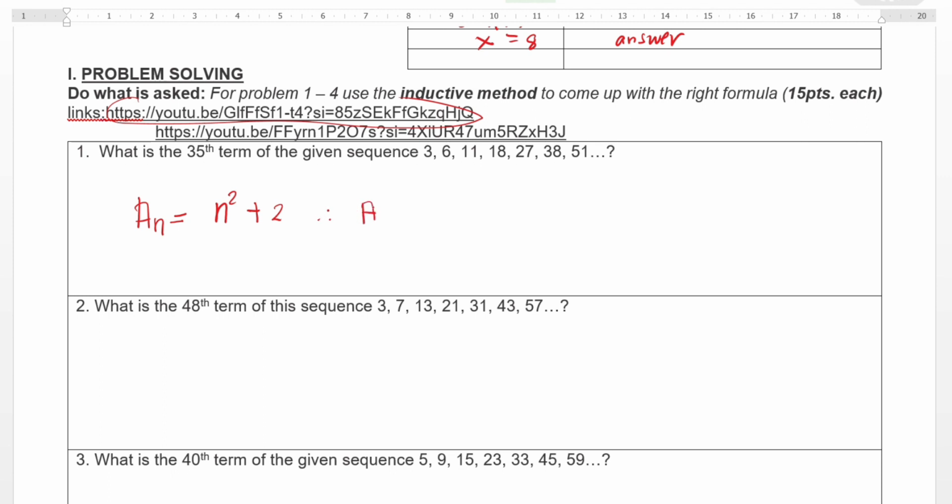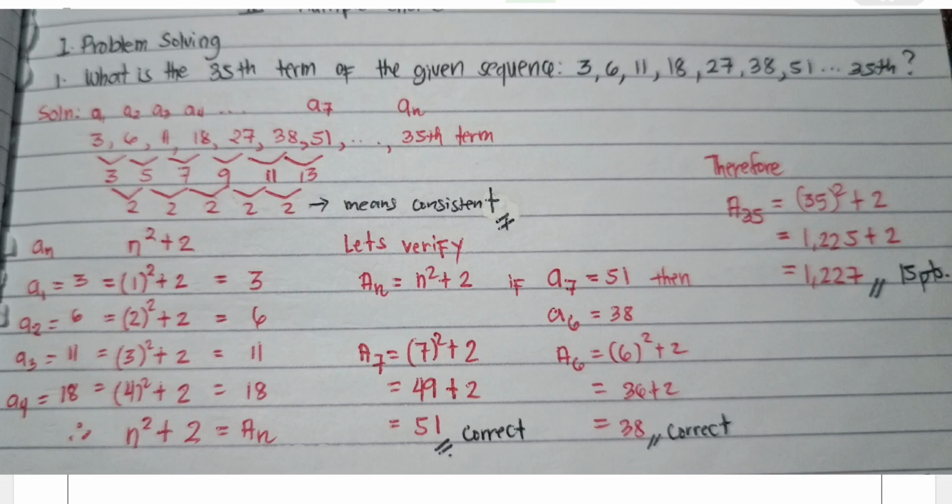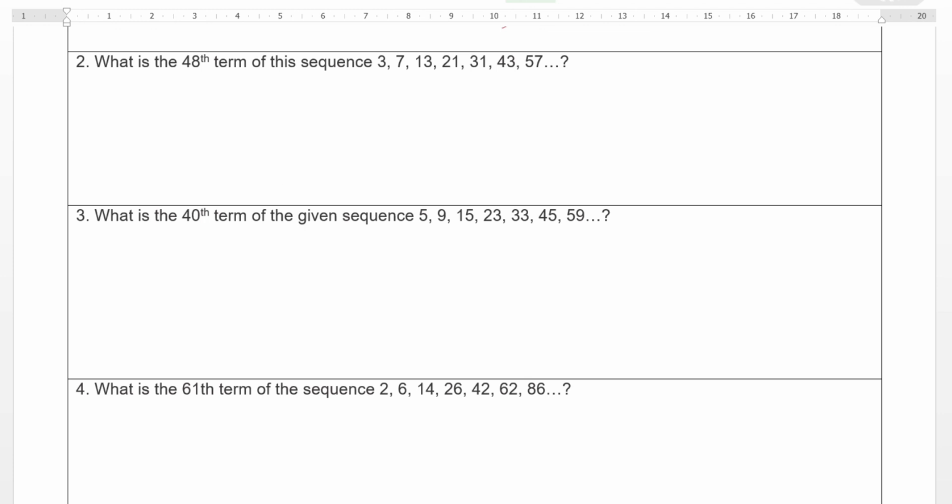Therefore, a of the 35th term equals 35 squared plus 2 equals 1227. For number 2, what is the 48th term of the sequence? 3, 7, 13, 21, 31, 43, 57.